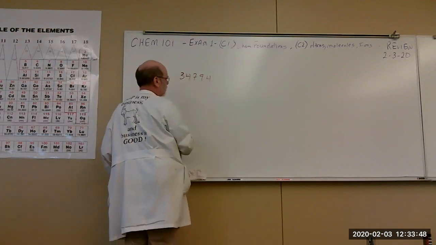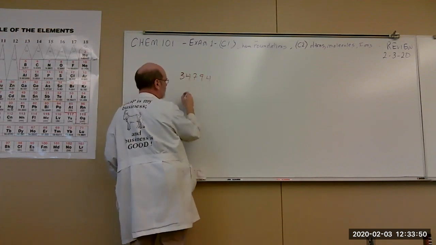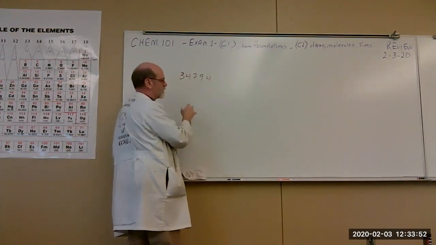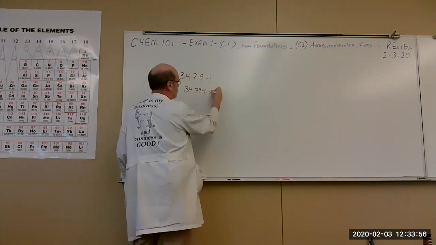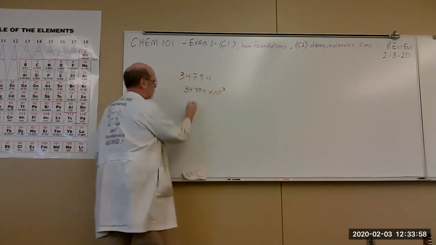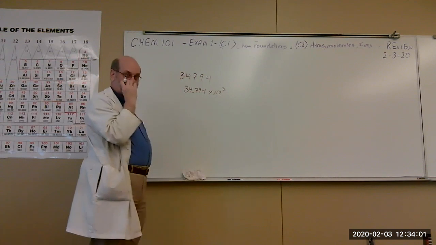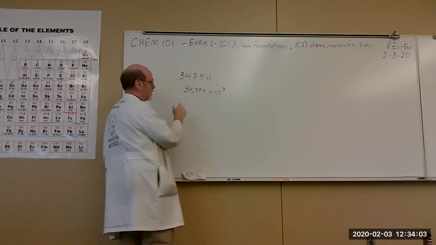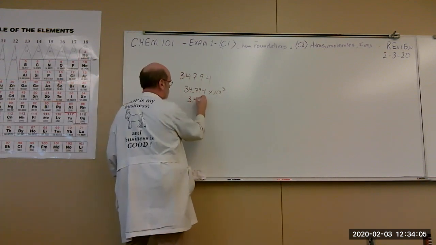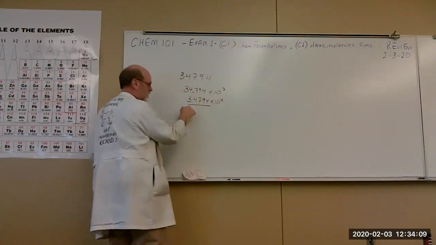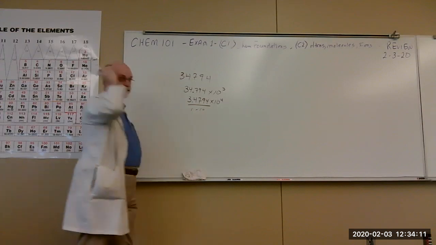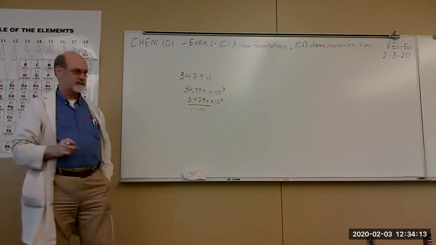Exponential could be any size of the coefficient. So we could say 34 times 10 to the third. That would be exponential. Scientific is a special case. This has to be between 1 and 10. Okay. That's scientific notation.